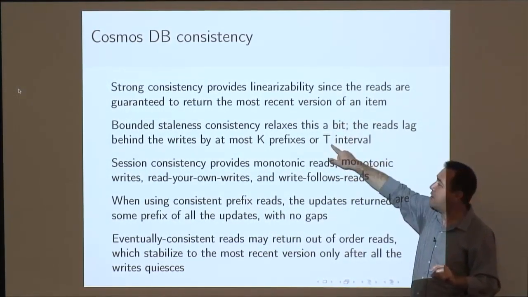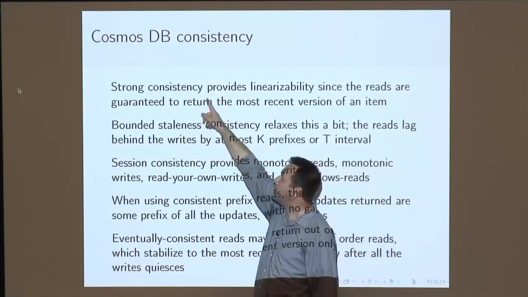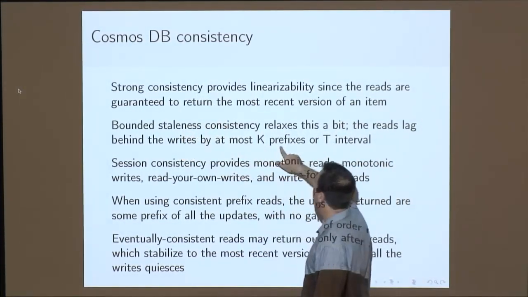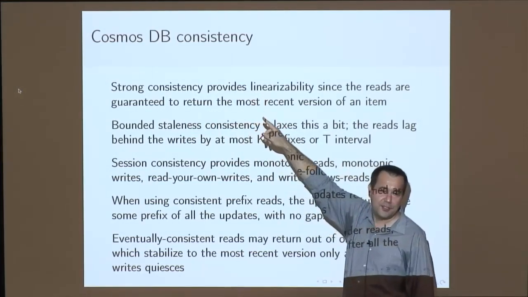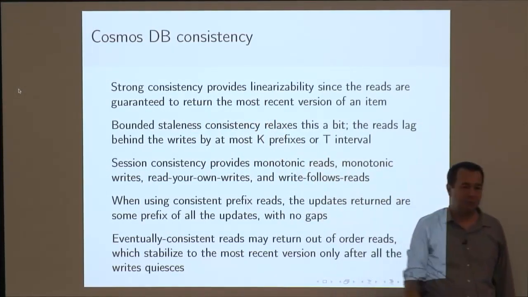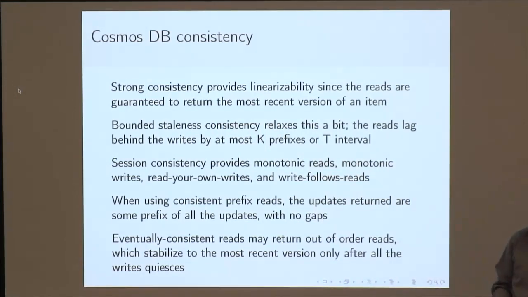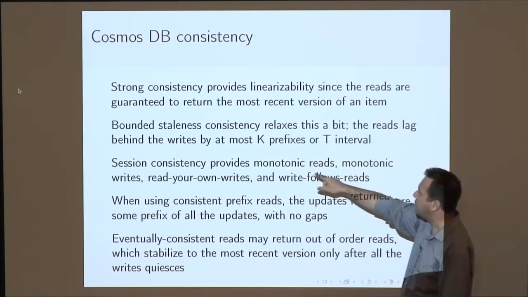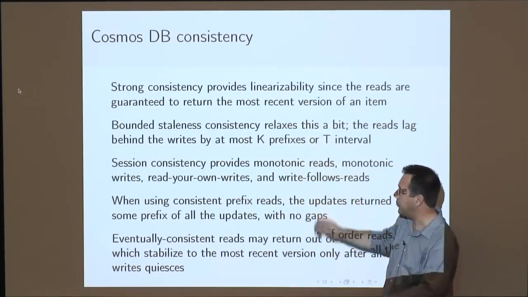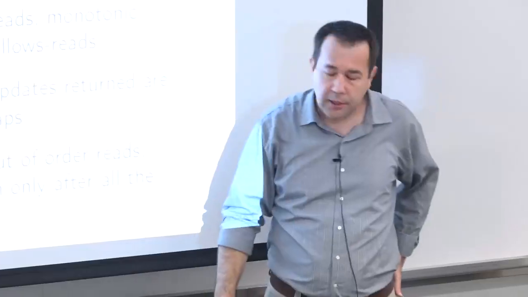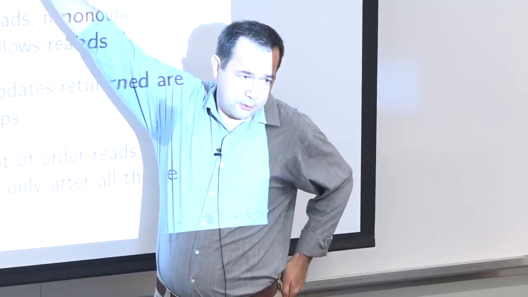So it relaxes this. And you can think of strong consistency as staleness of k equal to 1, meaning don't give me anything staler than the most recent write. Right? So you can relax it with k equal to 3, 4, 5, etc. This is across clients.